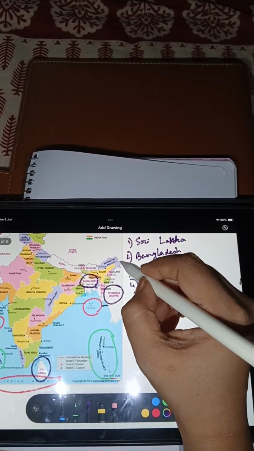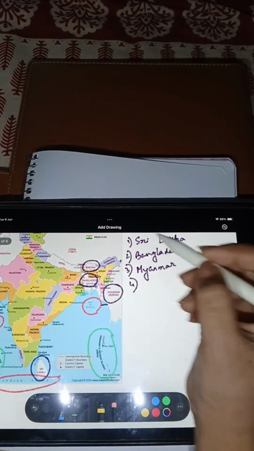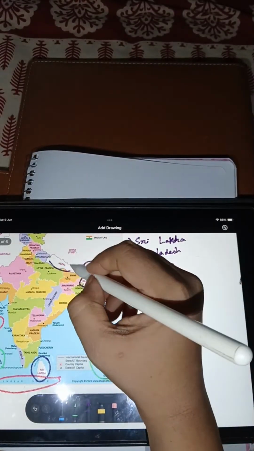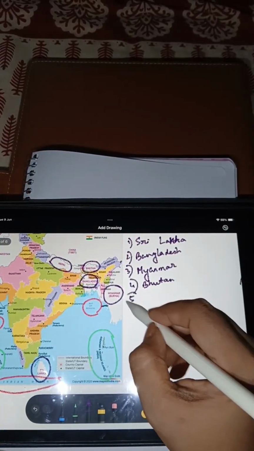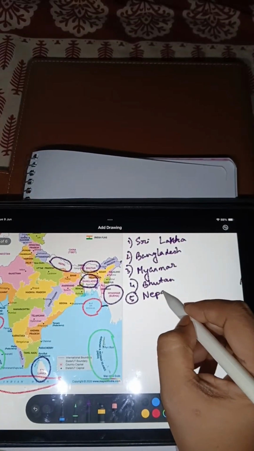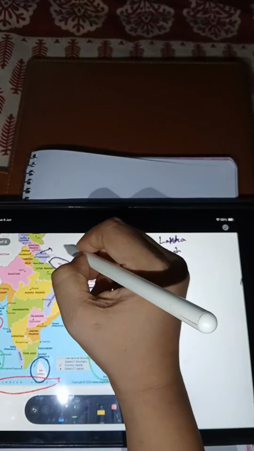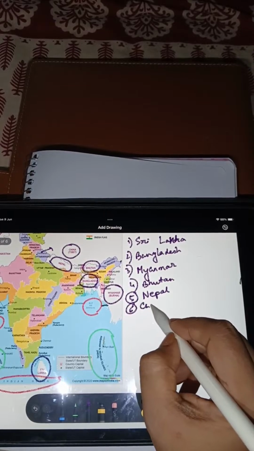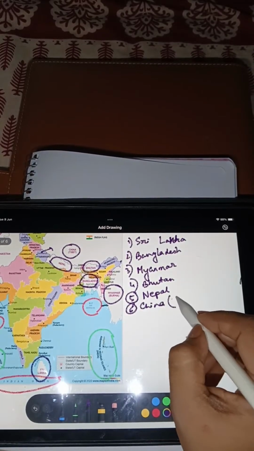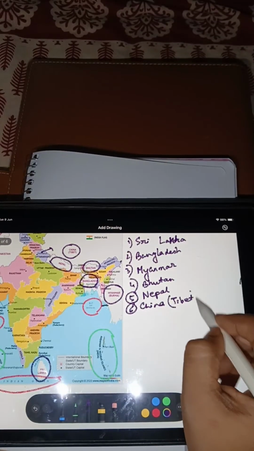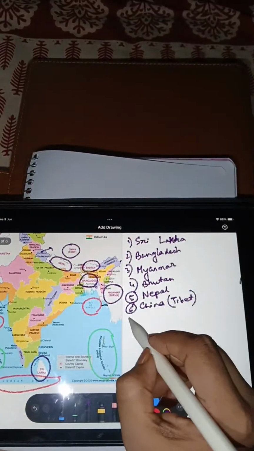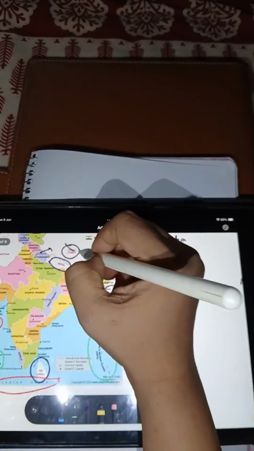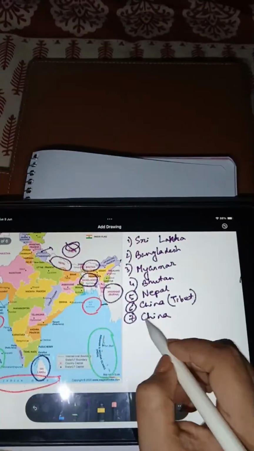Then we have Bhutan. Then we have Nepal. Then we have China-occupied Tibet. Just after it we have China. Just this border of Tibet goes and we have China over here.